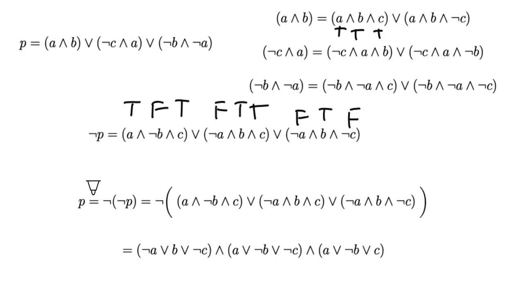Now, this is like the truth table thing. We're doing it just by writing out the atoms, but it's really like a truth table, right? We're just kind of skipping to the chase with the atoms here. And then we take the complement of all that, and by De Morgan's we get a conjunctive normal form.